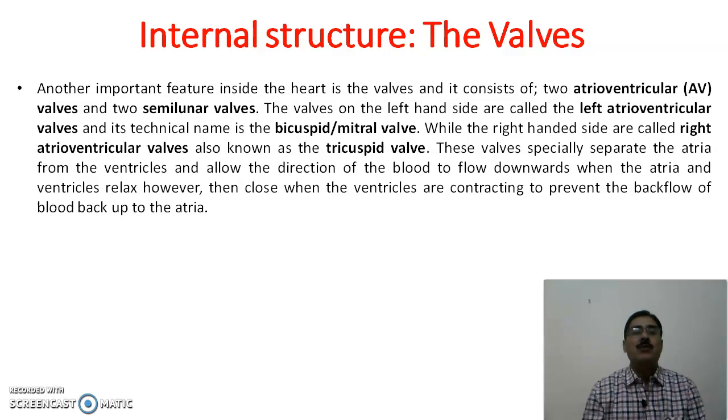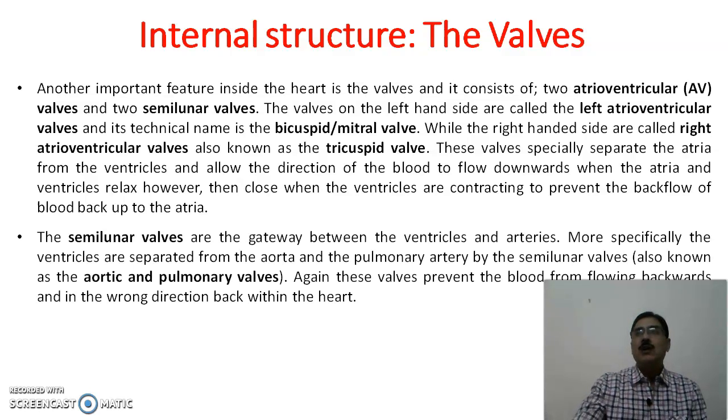And as I told you earlier on, they prevent the backflow of the blood from ventricle to the auricle. Likewise, the semilunar valves are present between ventricle and aorta or pulmonary arteries.